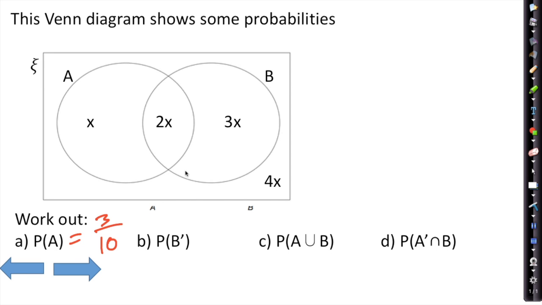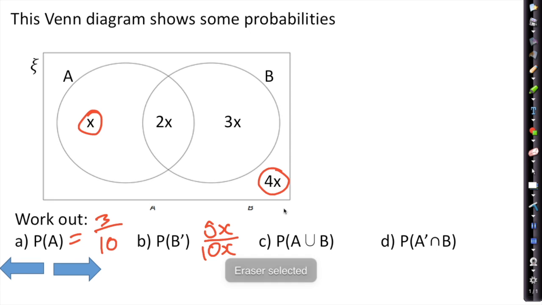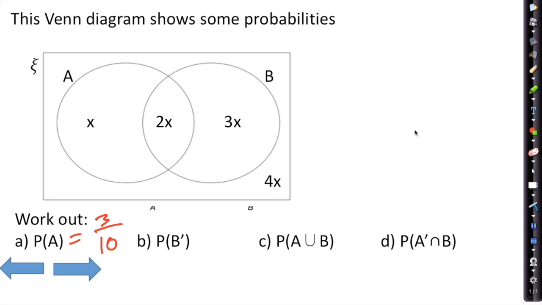P(B dashed). Remember, B dashed means outside of B. So everything outside B, which would be this and this. So x plus 4x is 5x, out of again 10x. We've added everything up, so out of the total, and that simplifies to 5 over 10, which again simplifies, dividing both of them by 5, to a half.